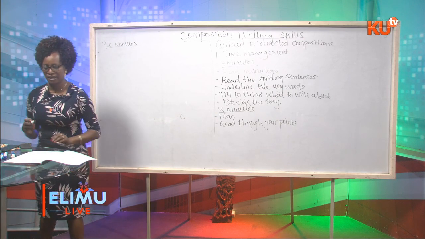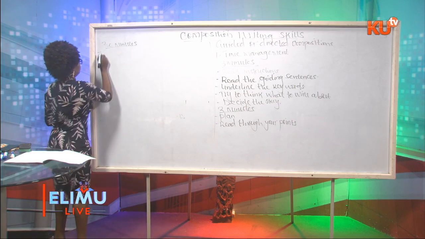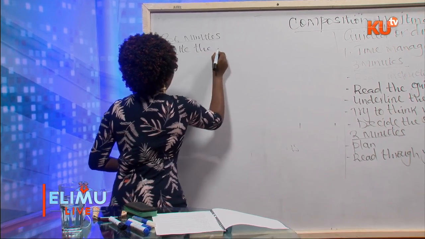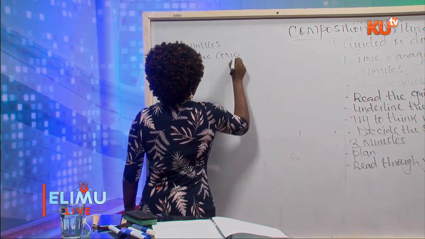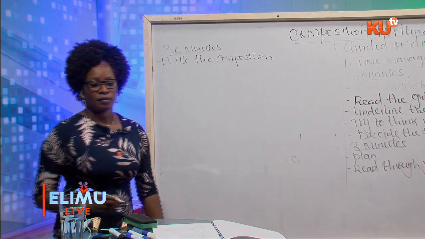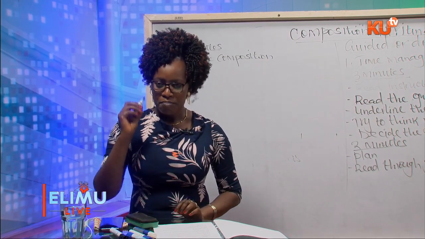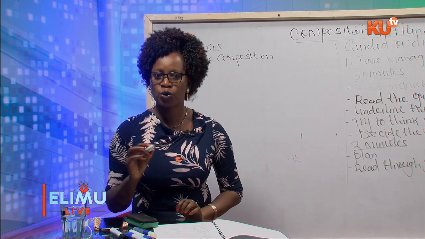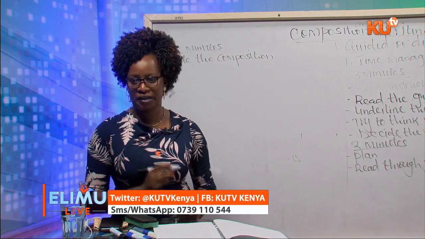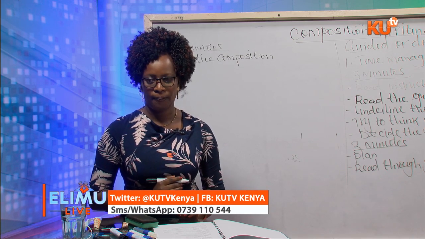In your next 30 minutes, write the composition. As you write the composition, make it at least 2 pages of the writing material that has been provided to you. That is the A4 page.